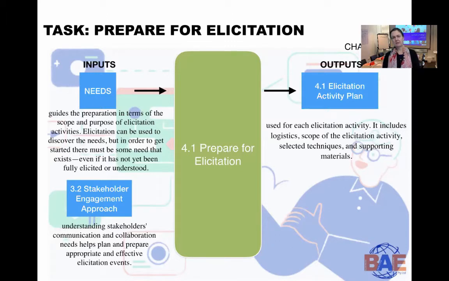So this plan will then become your blueprint almost for your elicitation activities coming up. So if you look at this once again, inputs and outputs, they are actually very logical and they make a lot of sense. So it's easy for you to remember.